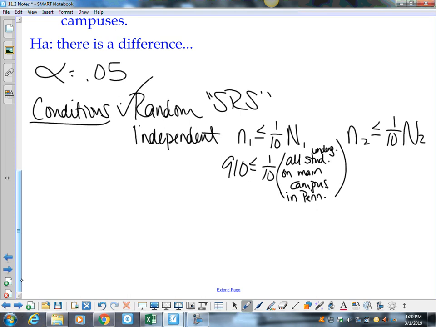All right, how many of the other sample size we got? All undergrad students at Commonwealth campuses in Pennsylvania.